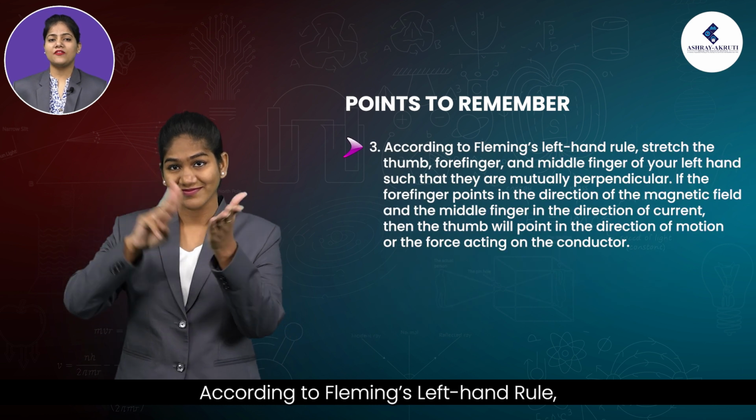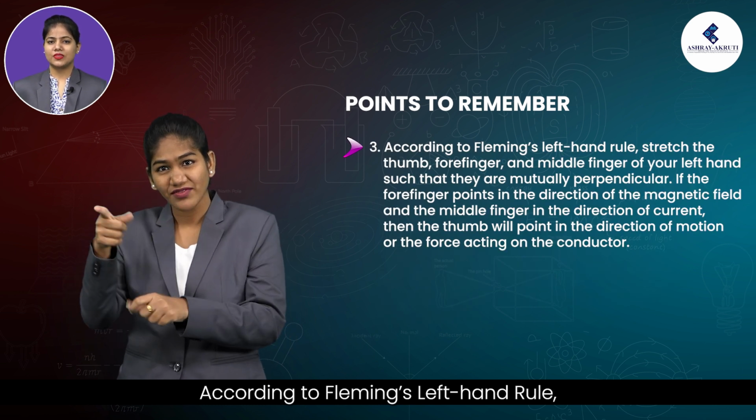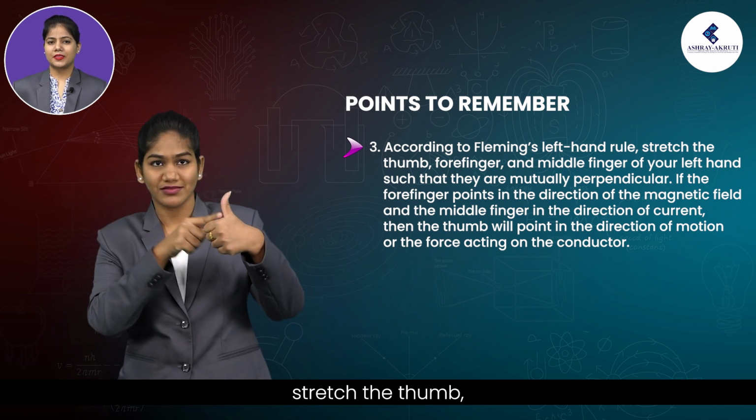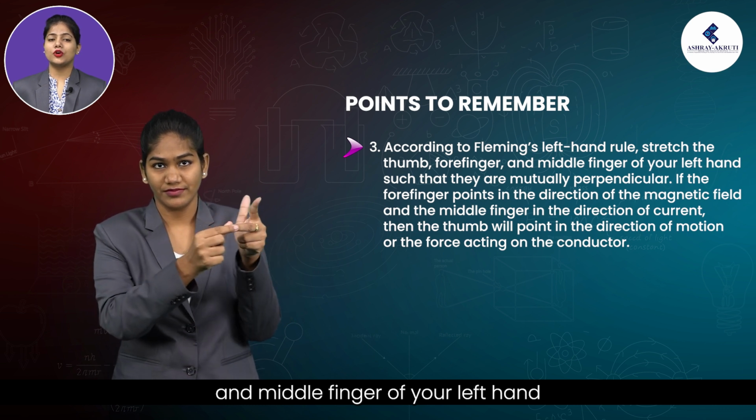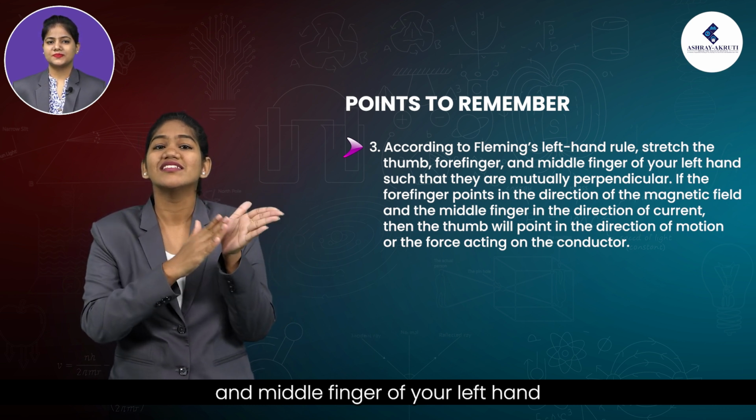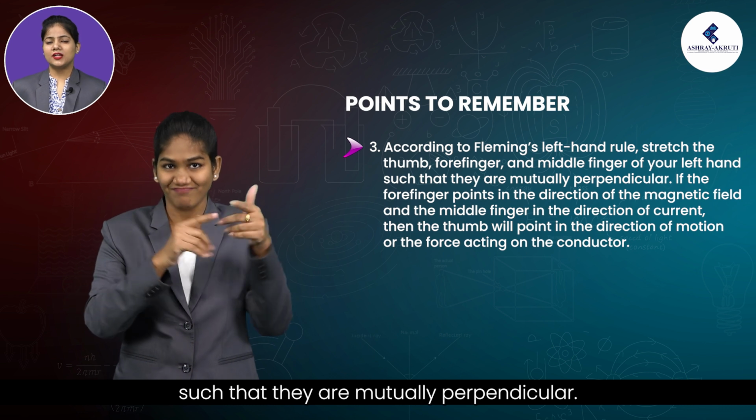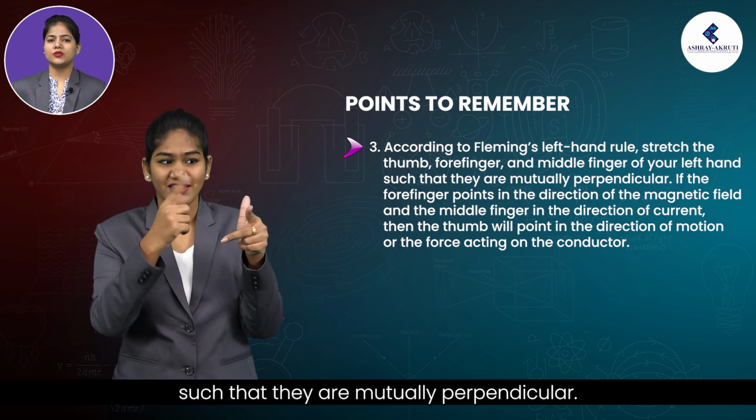According to Fleming's left-hand rule, stretch the thumb, forefinger and middle finger of your left hand such that they are mutually perpendicular.